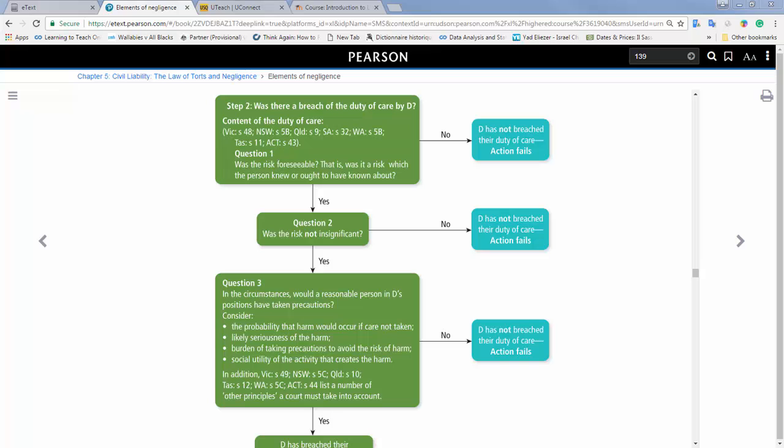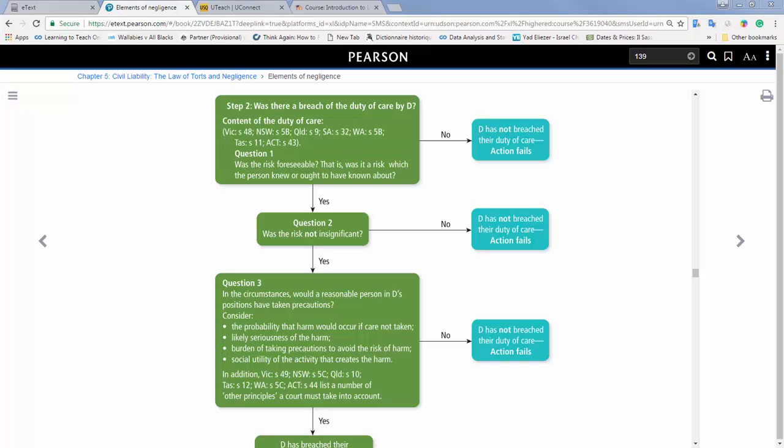If you are still able to clear this hurdle and go on to question 2, then you would ask, was the risk not insignificant? So it wasn't something that was so small that you wouldn't have to worry about. It's just something that almost certainly would not actually take place. It would not happen.